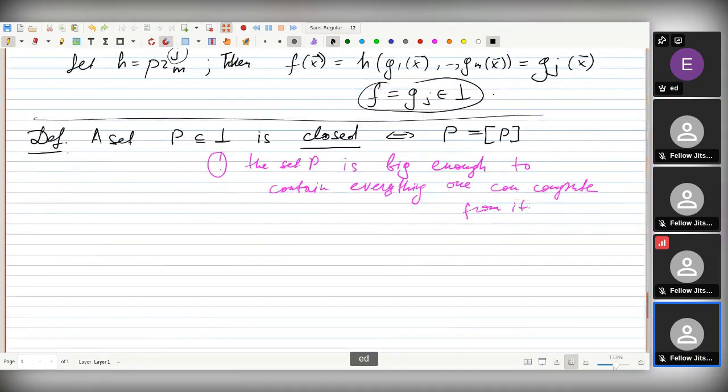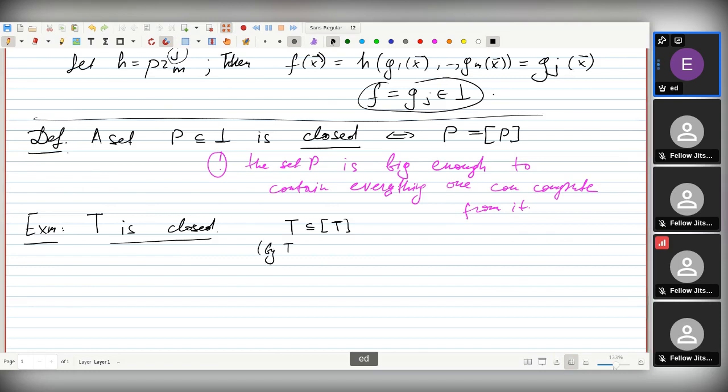Yes. Now let us recall a few examples of closed sets we already know. The set of all Boolean functions is of course closed. It is obvious. Every function is computable from itself, or you may obtain it from theorem 2.